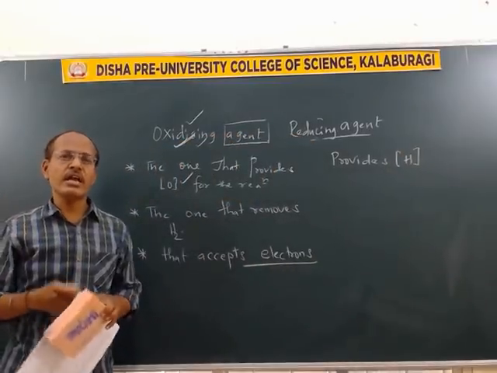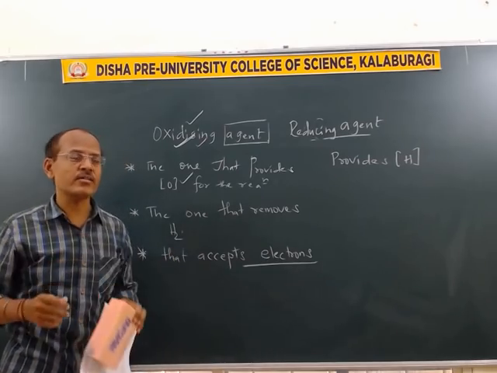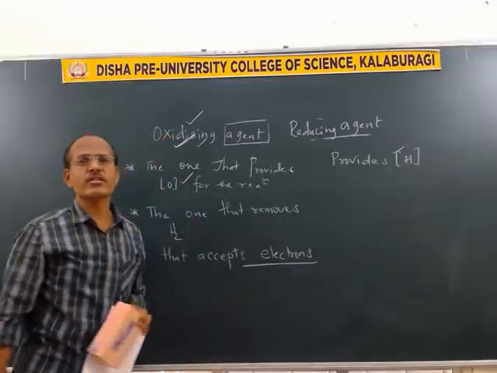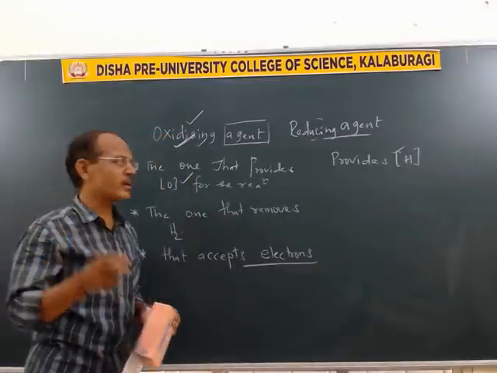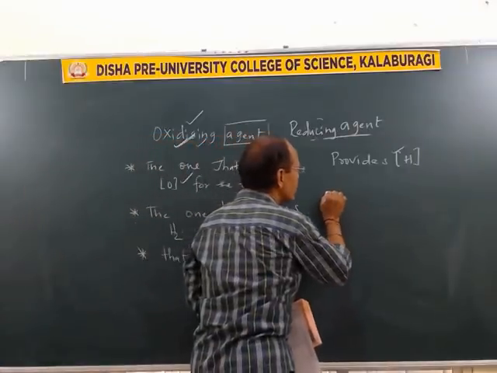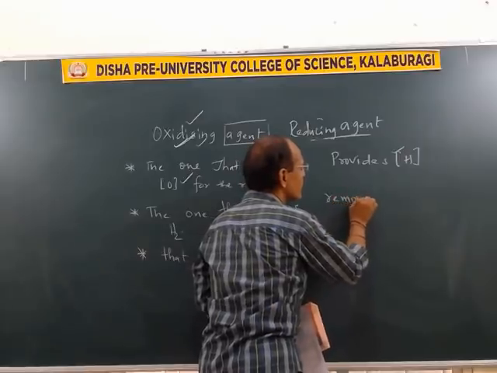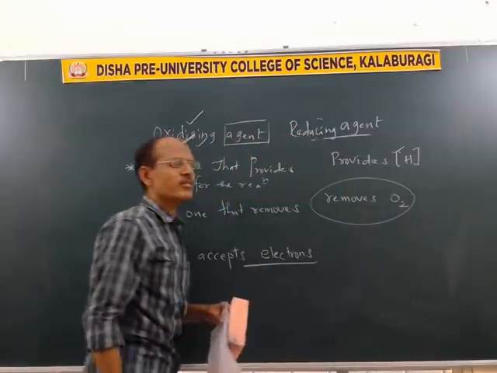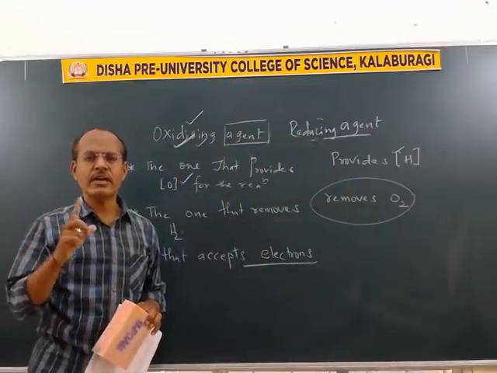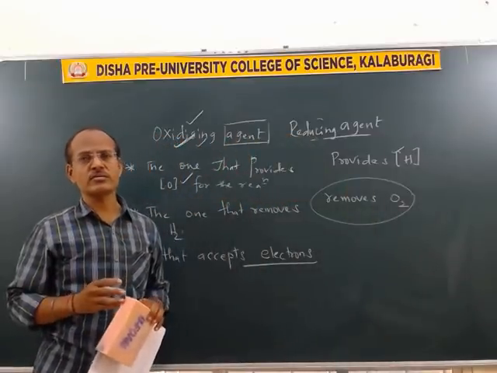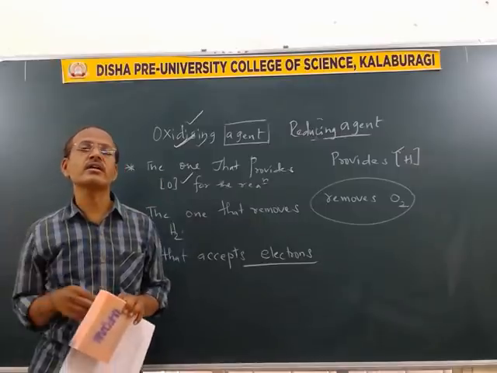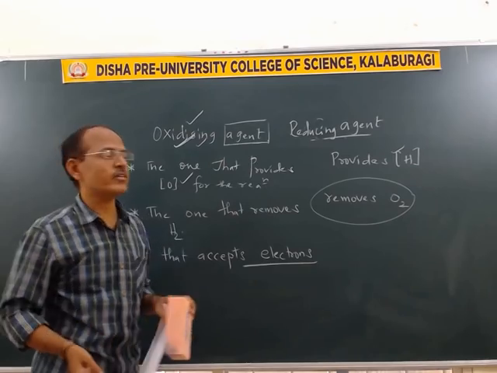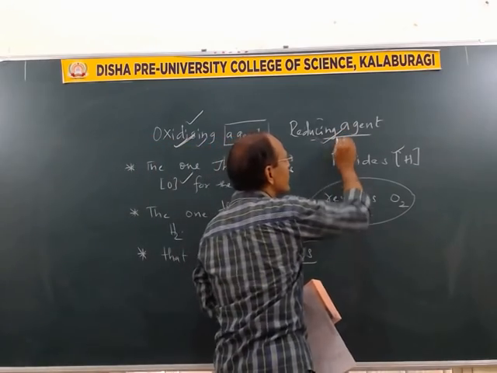Any substance, if it supplies hydrogen, is called a reducing agent. Second, the one that removes oxygen from the reactant species. The agent that is responsible to take out the oxygen from the reacting species is a reducing agent.